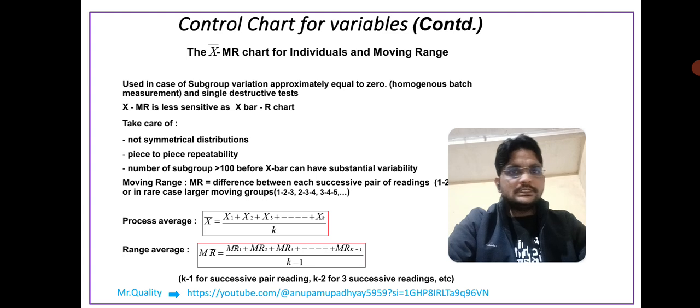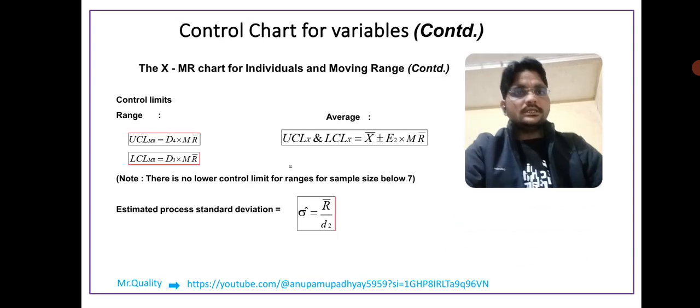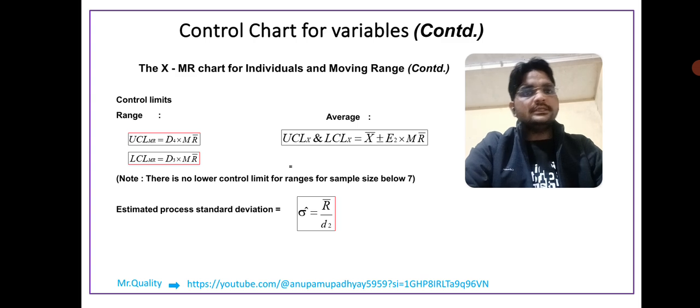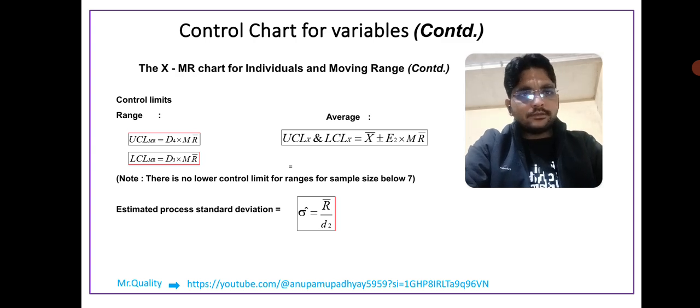Used in case of subgroup variation approximately equal to 0, homogeneous batch measurement and single destructive test. Already explained actually. XMR chart for individual and moving range, continued. For average, UCL x and LCL x are calculated as X bar plus or minus E2 times MR bar.